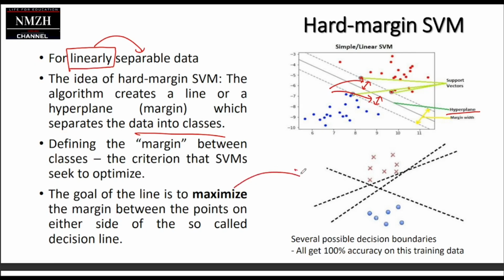As an example, we can see over here several possible, okay, so the keyword is several possible decision boundaries. So it might not be only one, it could be two, guys, or three, whereby we still have the maximum SVM margin for that particular context.